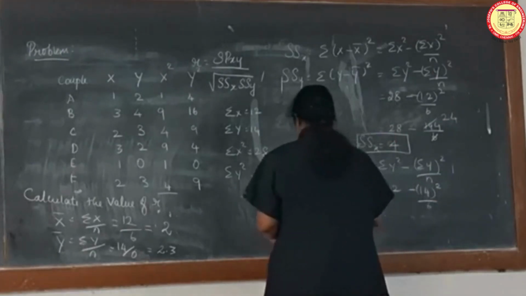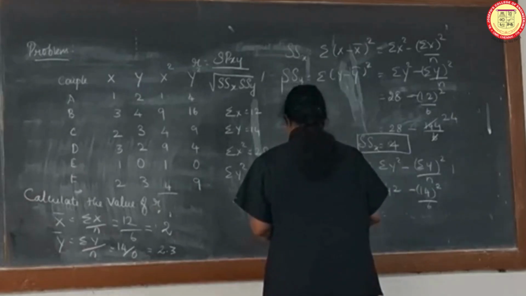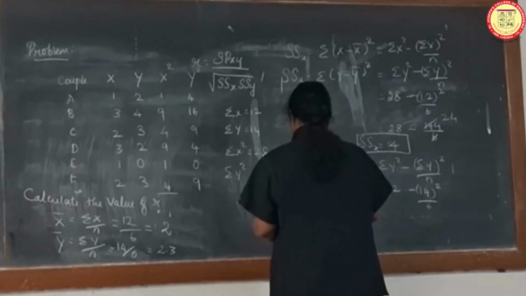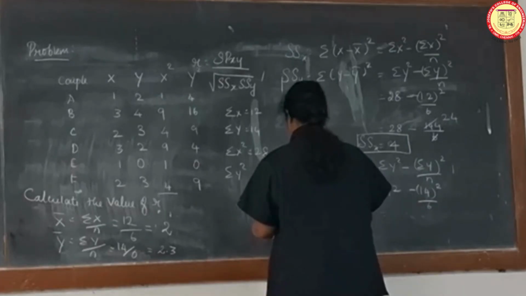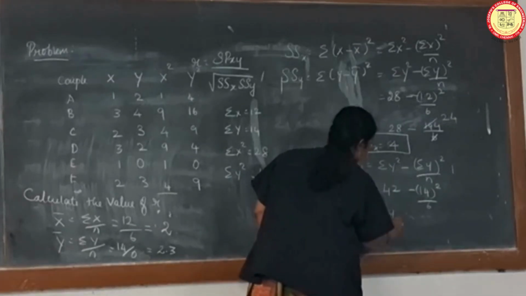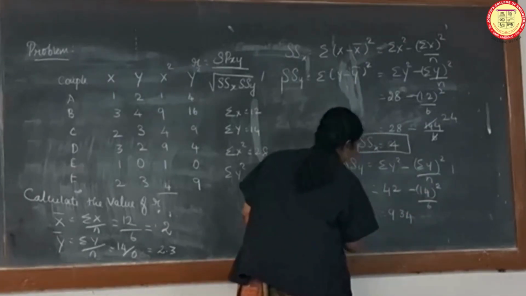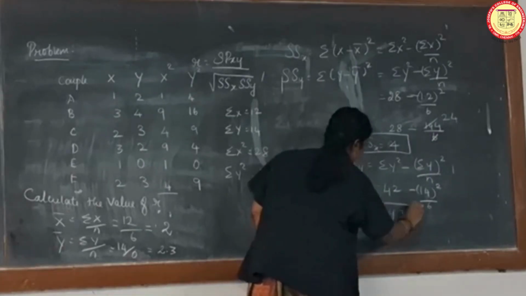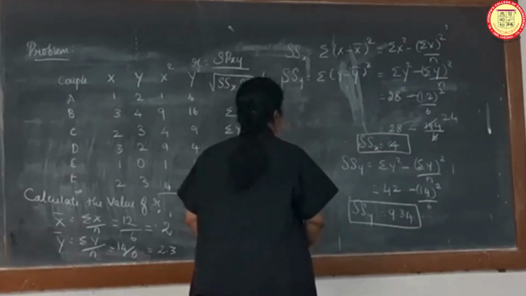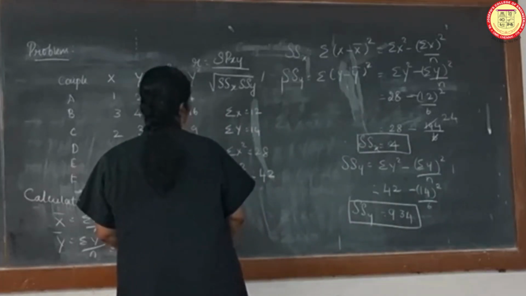So I think here the value is 9.34. Okay. So here we got the denominator values.